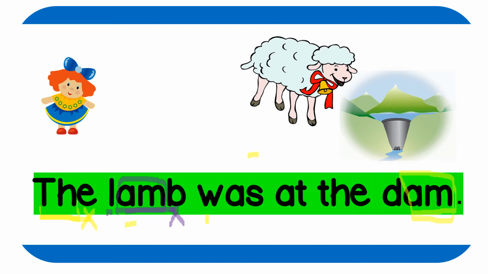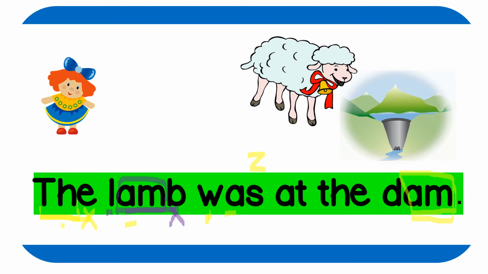Whenever S is at the end, after some vowels, we hear the sound like Z. Z, Z. Good job. So we hear w, uh, Z, was.